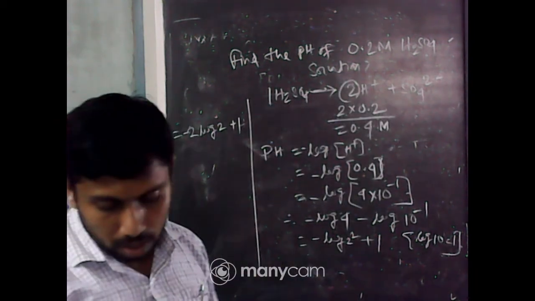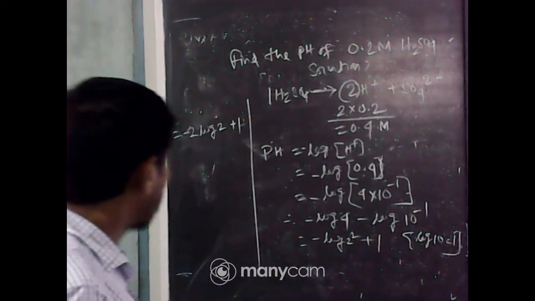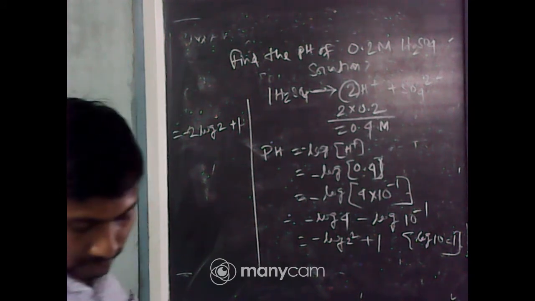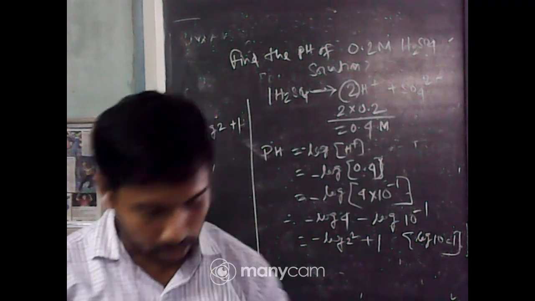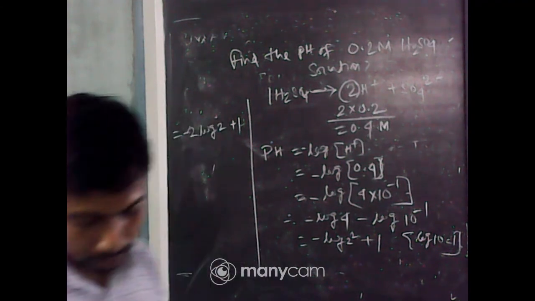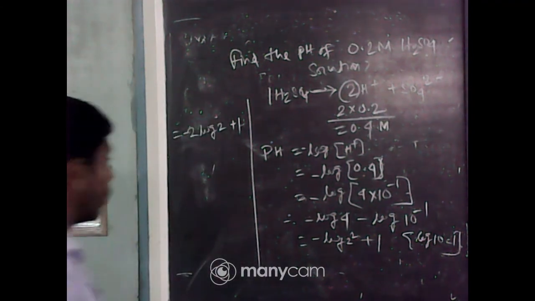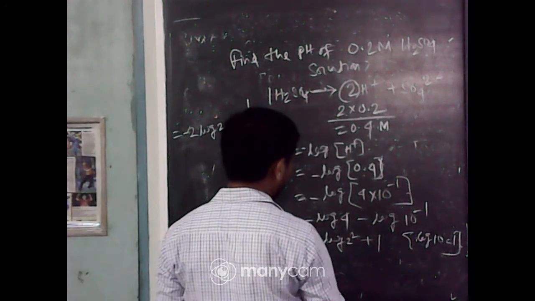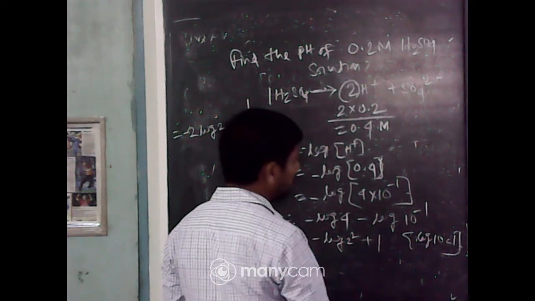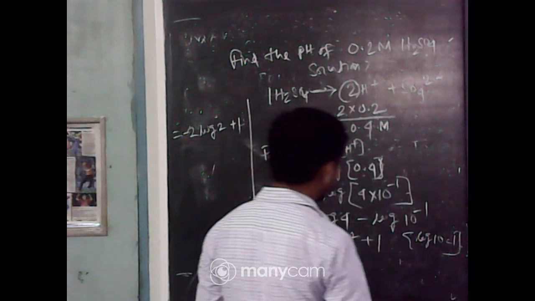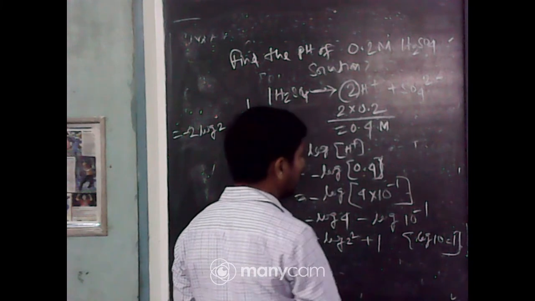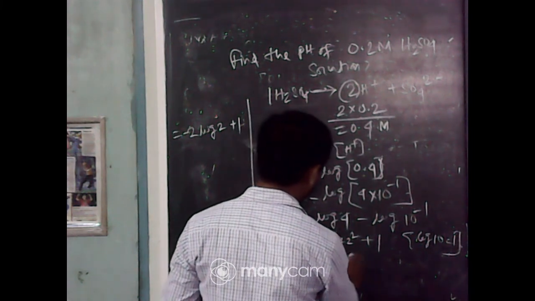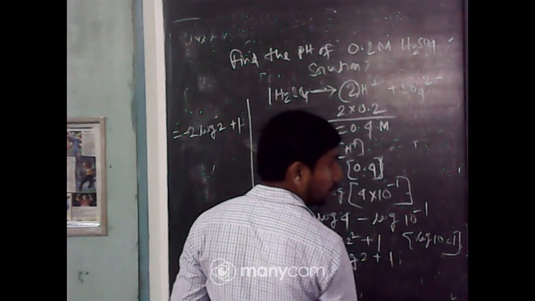Now, the last form is equal to 4 into 10 to the power minus 1, or from the direct value, 0.4 having the value of 0.3979. You can simplify in this way, that is 2 log 2, that means 2 into 0.3, that is 0.6, plus 1, it will be minus 2 log 2 plus 1.